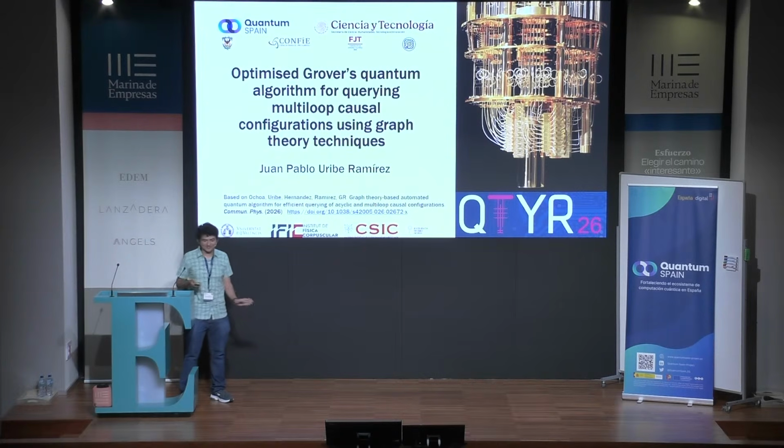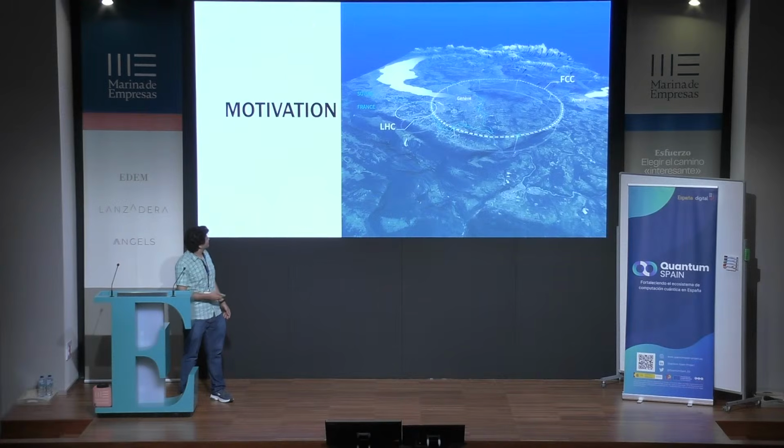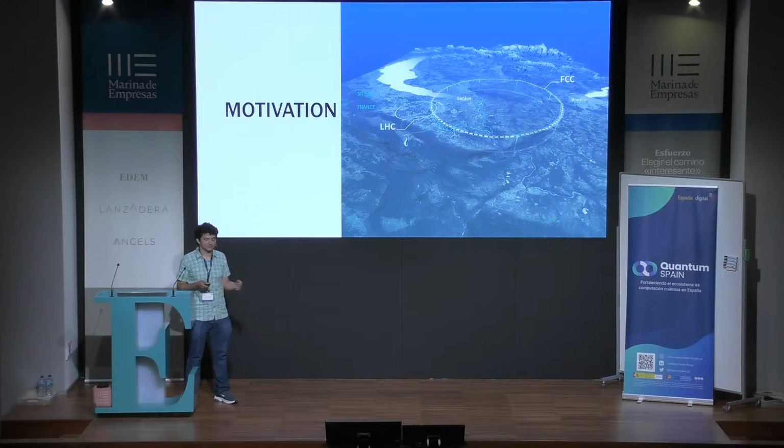Well, the introduction has been done, so let's start. First, the motivation of this work is to utilize quantum computation for applications in high energy physics, given the great demand for computational power to do theoretical calculations.